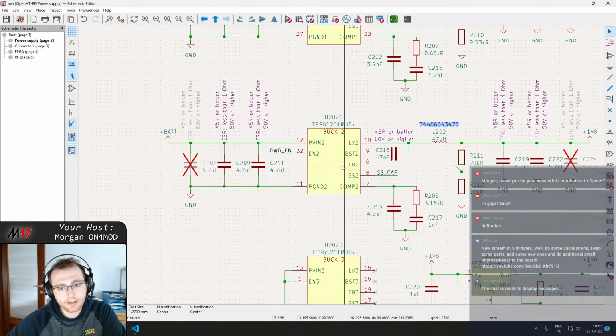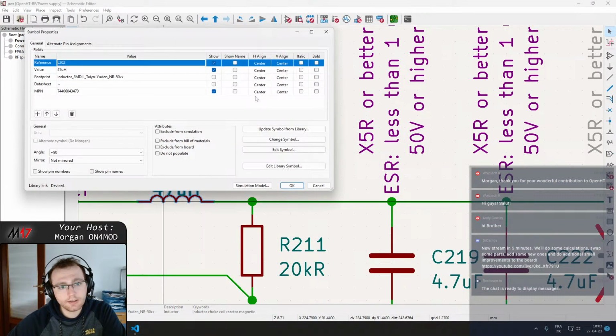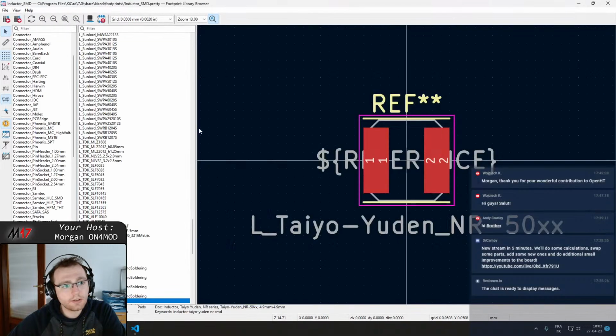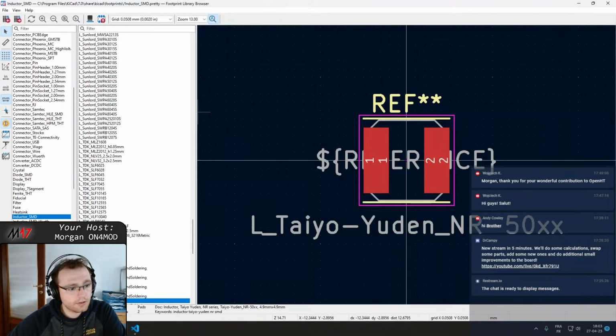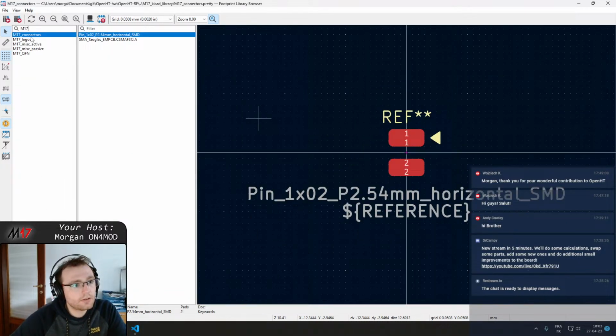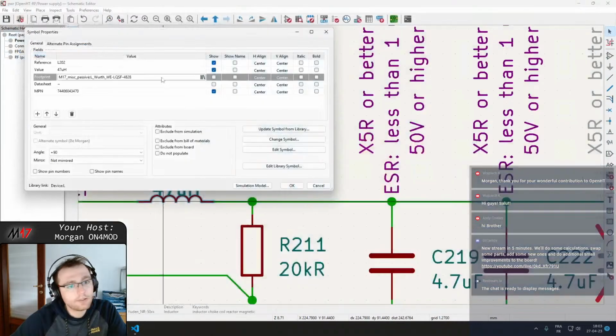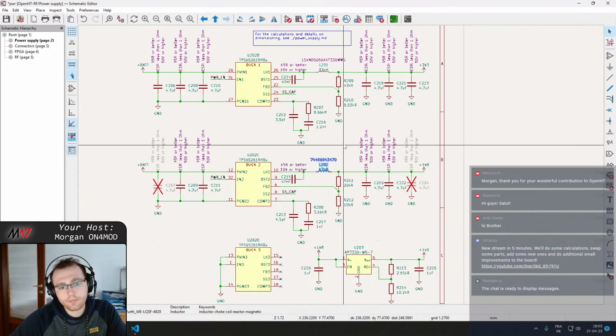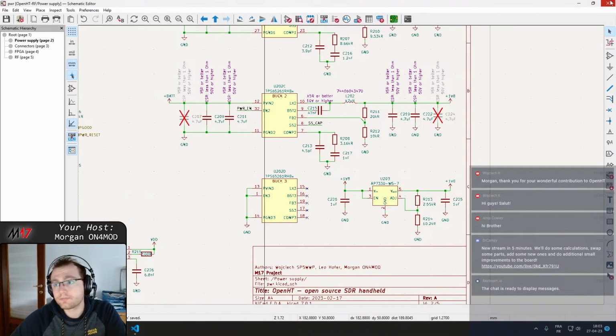and on the schematic, edit this, the footprint. It's in M17 MISC passives, that one. Okay, apply. Okay, that's done, that's finished.